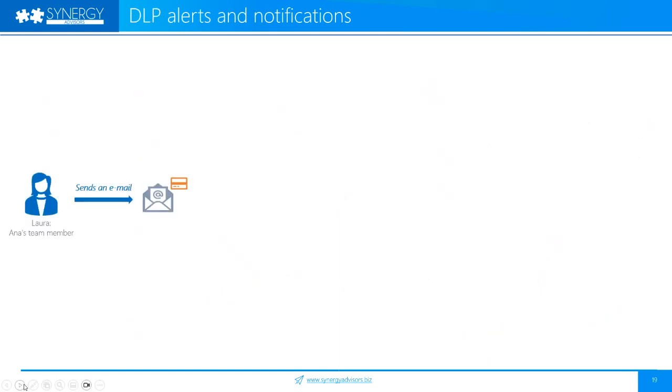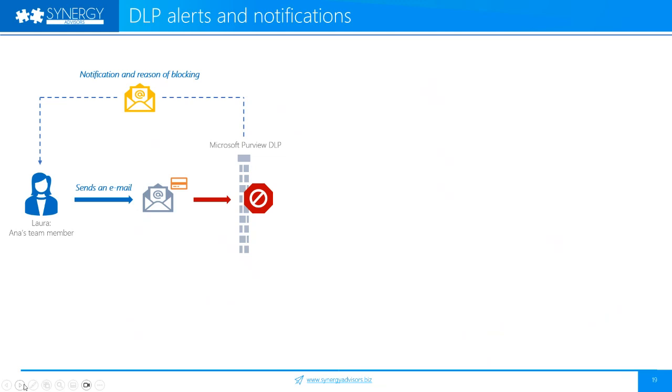So in this case, the user, we will call her Laura, was trying to send an email with a document that contained PII as sensitive data. So the Microsoft DLP blocks the mail and notifies about the cause of the blocking from our solution, to enable the result and improve the experience.